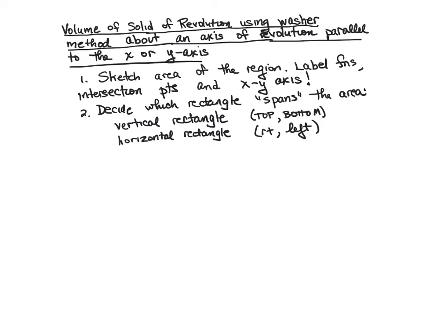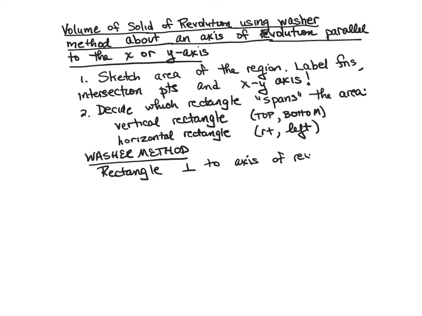So remember, with the washer method, to get the washer, the rectangle has to be perpendicular to the axis of revolution. If it's not, we use another method called the shell method, and we will discuss that next time.